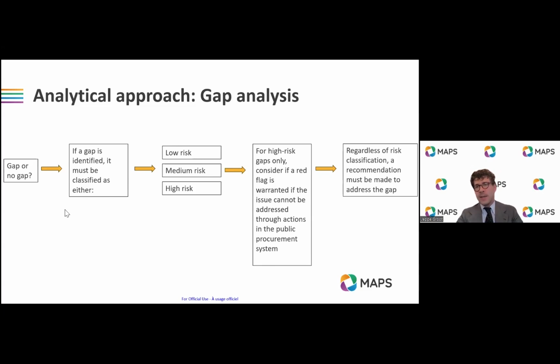So as you can see here, this is a considerably lighter gap analysis because we have gotten rid of this double classification. It also puts more emphasis on the risk classification. Of course, the risk classification is supposed to be used for the strategic action plan so that the report can be used to advise governments on what to prioritize when they seek to improve the system after the assessment.